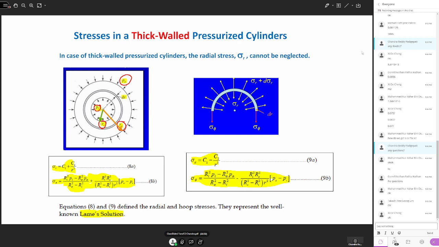Any distance within the cylinder, we indicate with r. So r is the radius of any point within the cylinder. This is your r.